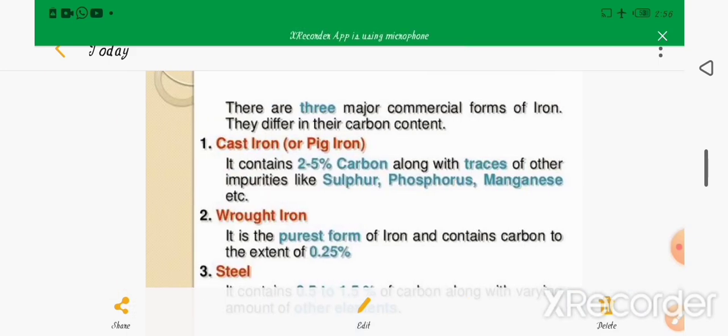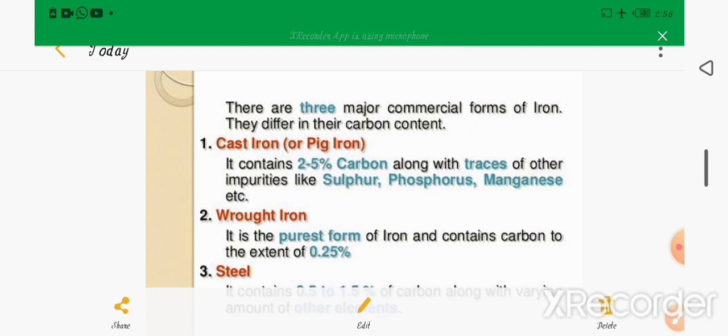There are 3 major commercial forms of iron. They differ in their carbon content. First, pig iron contains 2.5% of carbon along with traces of other impurities.